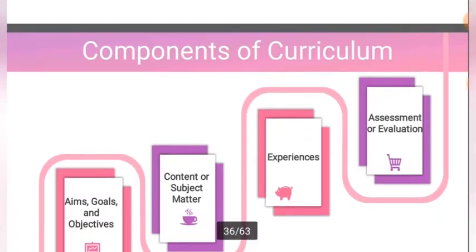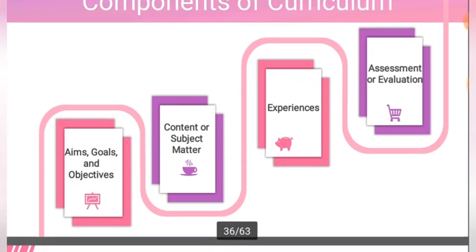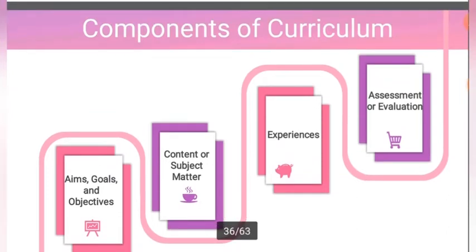Next, we have the components of the curriculum. These are aims, goals, and objectives. Next is the content or subject matter, then experiences, and the last one is assessment or evaluation. So those are the components of curriculum.